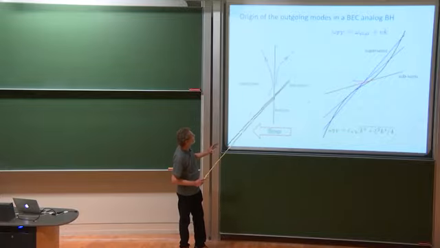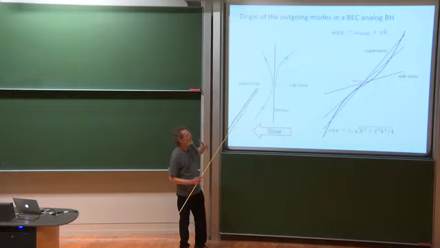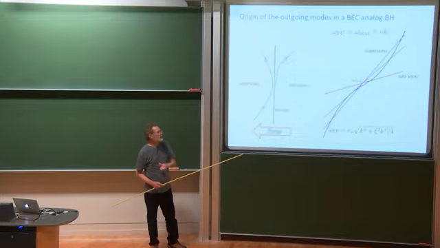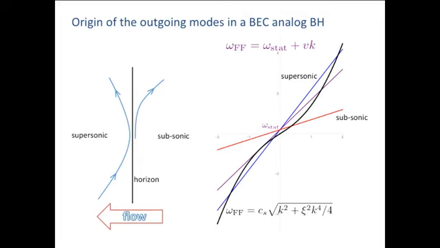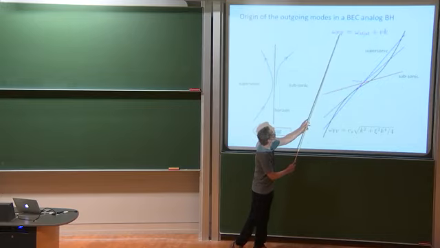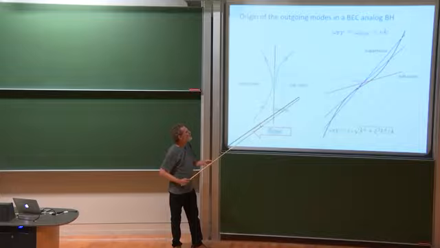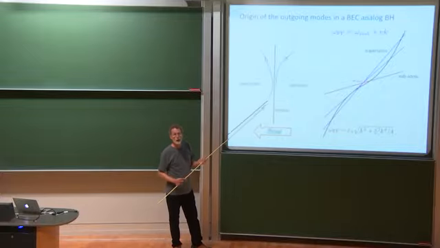And because of the flow, there's a Doppler shift between the frequency wave number relation in the fluid frame and the corresponding relation to frequency in the static frame in which the flow is static. That Doppler shift formula is just given by this. In the static frame, frequency is conserved, to the extent that the flow is static.